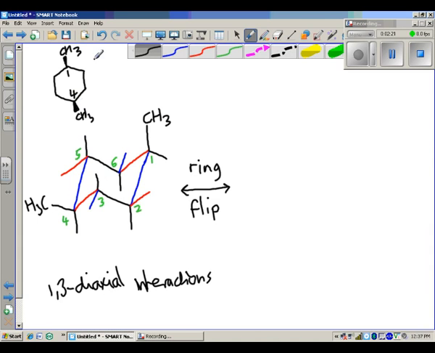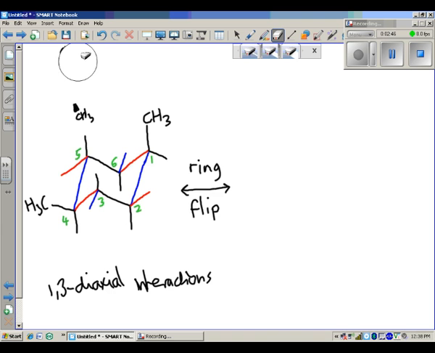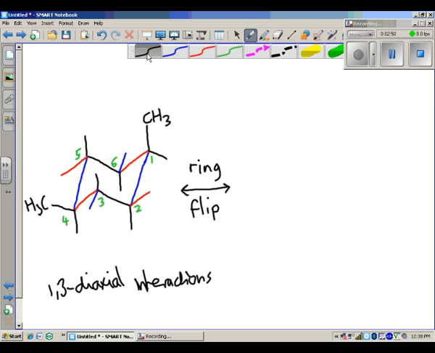And for every different isomer of this, you're going to have a different chair structure. So let's just take a look at what we have here. I want to take a look at 1,3 diaxial interactions on this ring before we do any ring flipping, okay? If you remember, the 1,3 diaxial interactions are energetic interactions that make your molecule less stable.